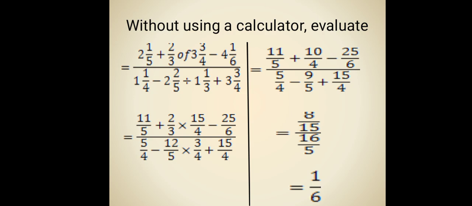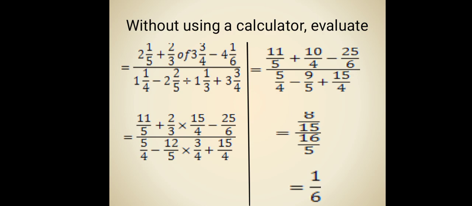Now the denominator, we had multiplied 12/5 by 3/4, it became 9 over 5. So we have 5 over 4 minus 9 over 5 plus 15 over 4. Simplifying further, we add the numerator and less 25 over 6.